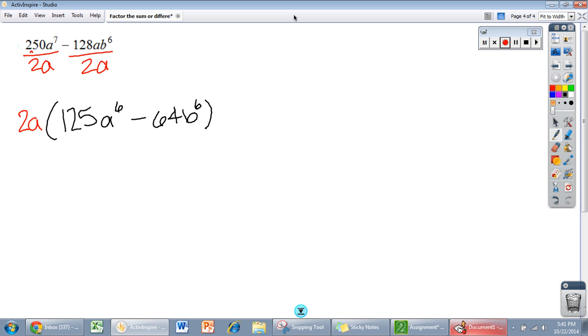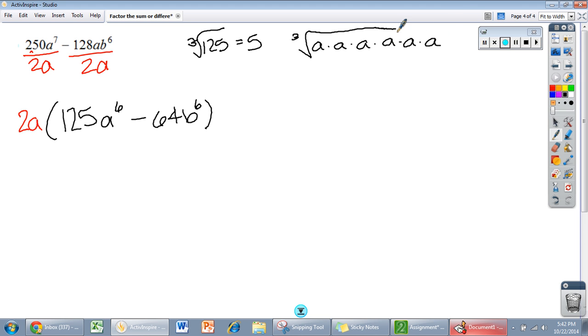Okay, so now we need to find the cube root. The cube root of 125 is 5. What about the cube root of a to the 6th? Let's write out what a to the 6th means. That means a times a times a times a times a times a.